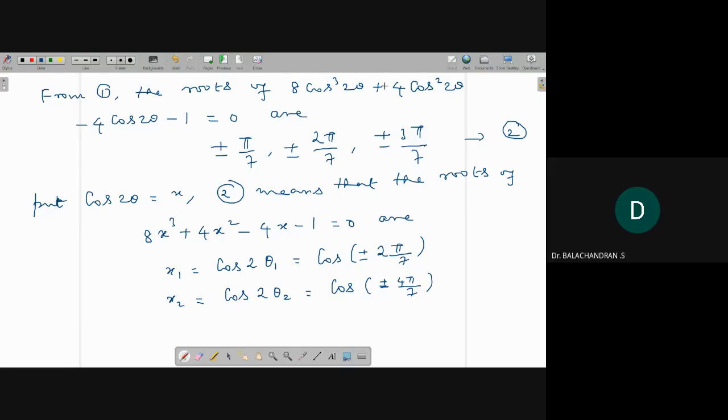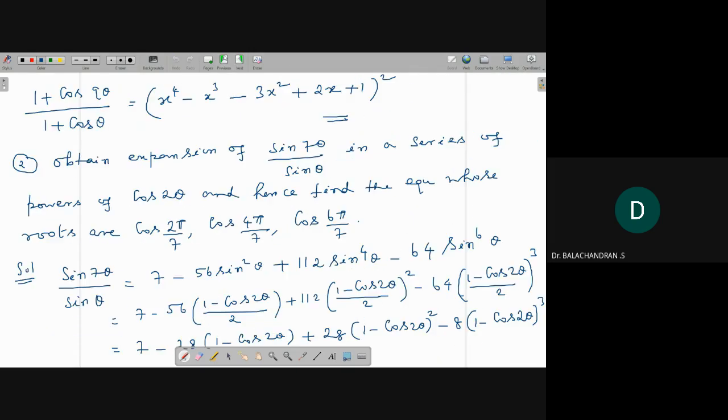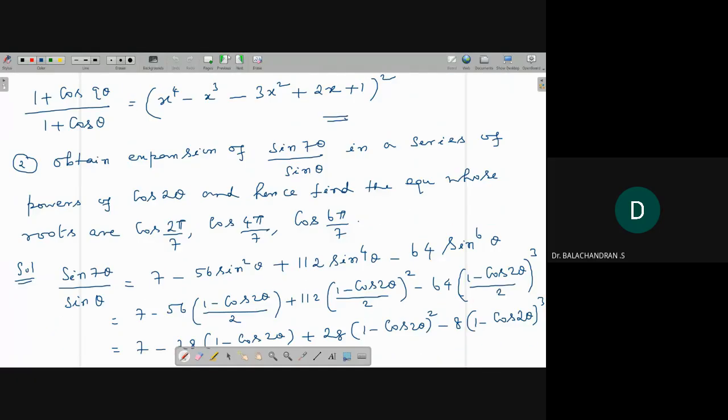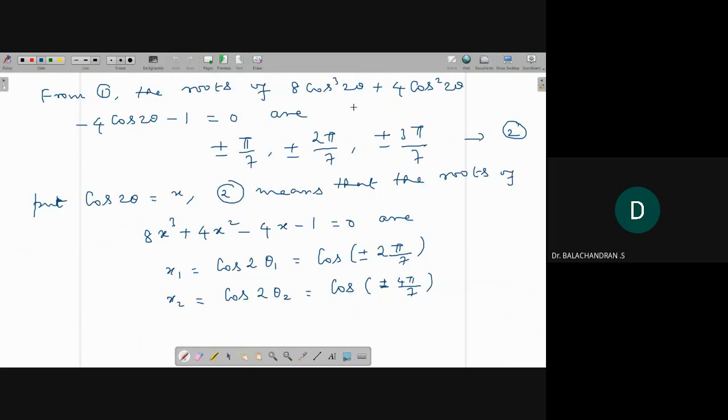I got the equation in terms of cos, but I am finding the equation in terms of x now. Actually, the question is, we have to give an equation in terms of a variable whose roots are these 3. But I got the equation in terms of cos, so I still need to convert it.